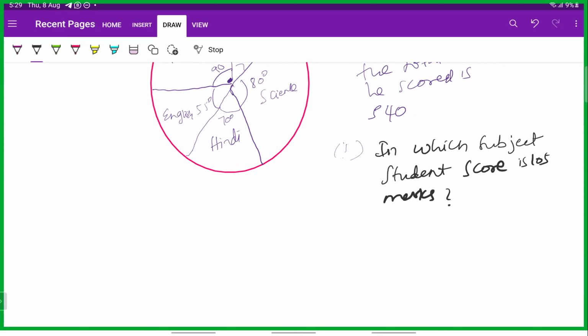First of all, let us check. 360 degrees is the complete angle, right? Yes, sir. So this pie chart is 360 degrees or not? Yes, sir.